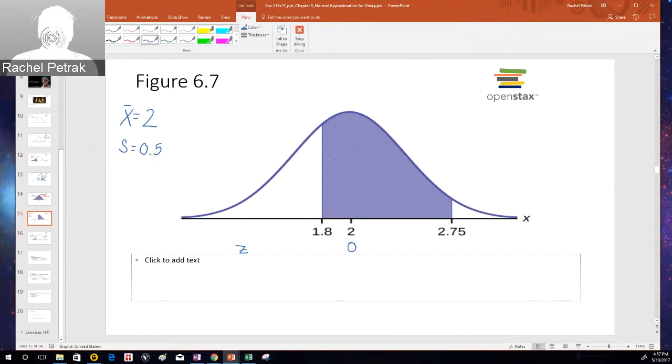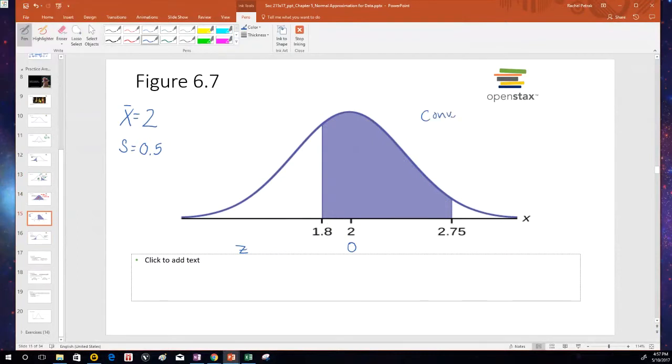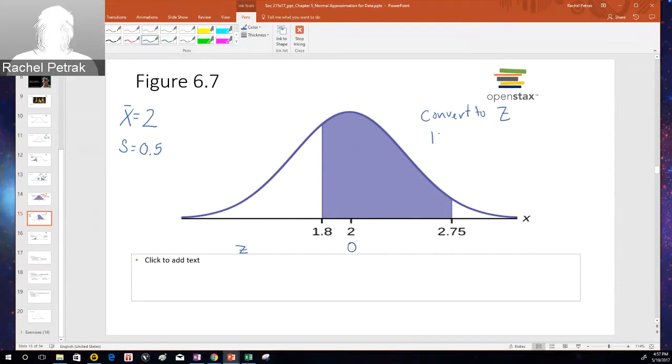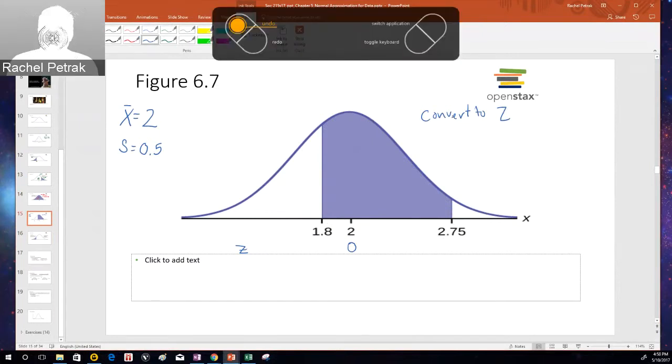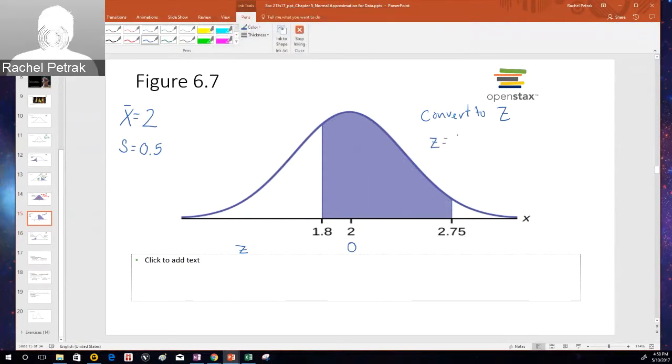So the first step to find the proportion of the population that falls between 1.8 hours and 2.75 hours is to convert these to z-scores. So first we have 1.8. And remember, to convert to z, we use the formula z is equal to x minus x bar over the standard deviation.